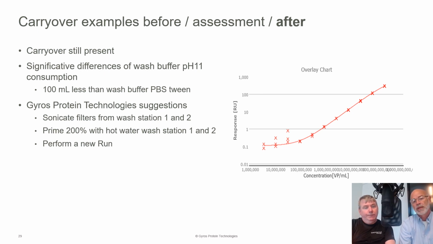So one of the solutions we've provided to customers experiencing this is to do a hot water prime of the wash station and use water to spray down the wash station to thoroughly clean all of the crystallized pH 11 off, and then try again.